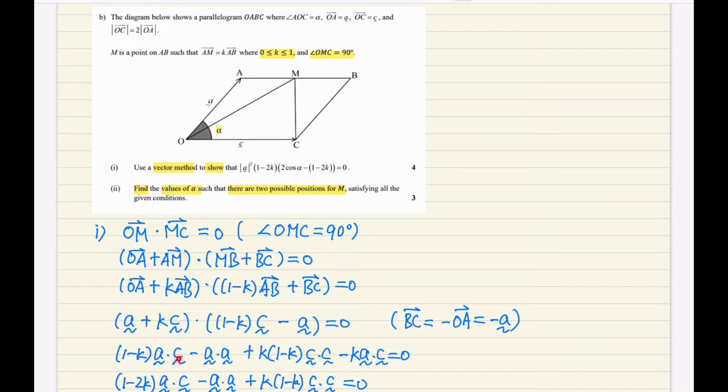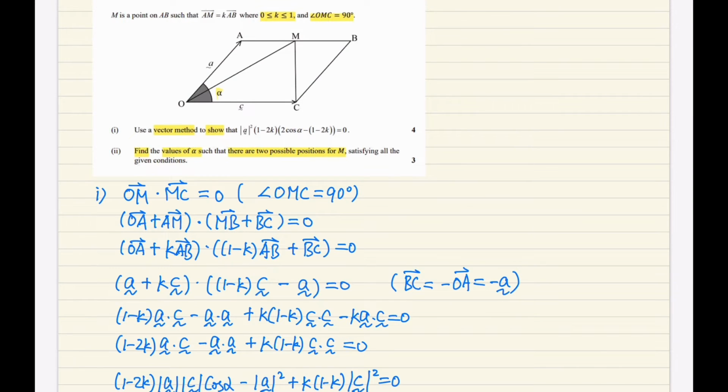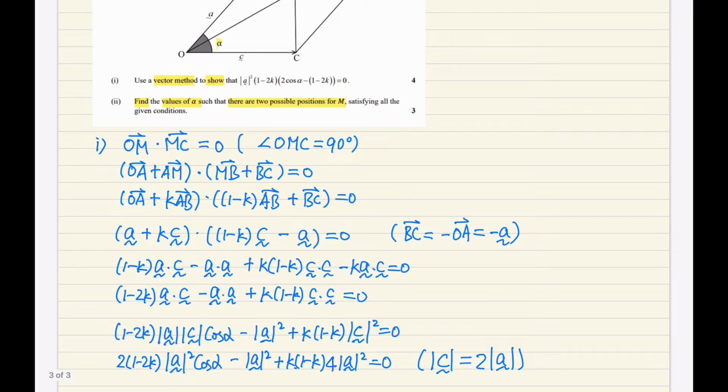Then apply the distributive law to expand the brackets. Next, combine the two like terms of vector A dot vector C, the first and the last term. Dot product is a scalar product, so vector A dot vector C is the magnitude of A times the magnitude of C times cosine alpha.